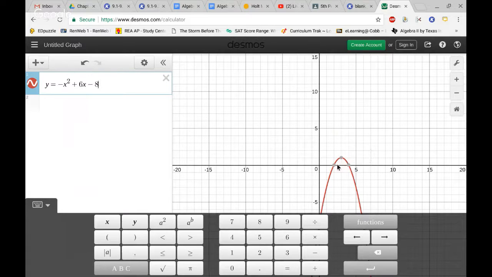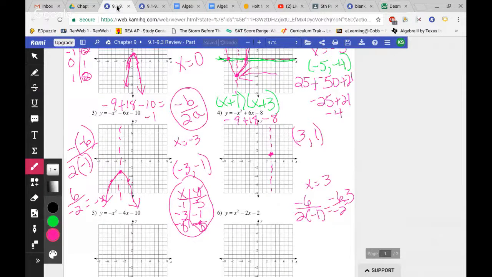And then, oh, look, we have 2 x-intercepts on this one that are pretty easy to find, too. So that's cool. 2 and 4. So there's the graph. We have an axis of symmetry of x equals 3 and a vertex of (3, 1).